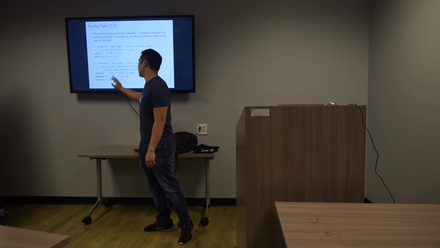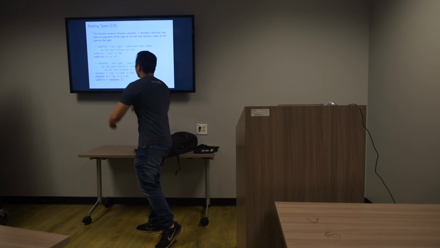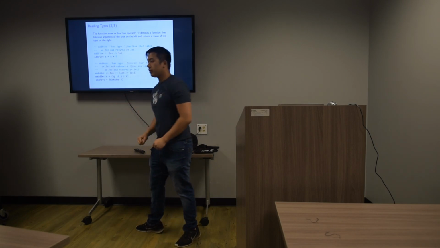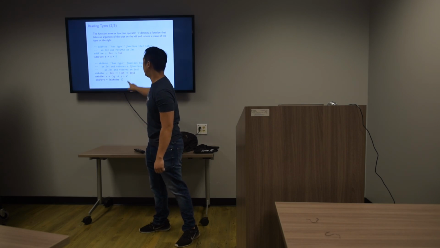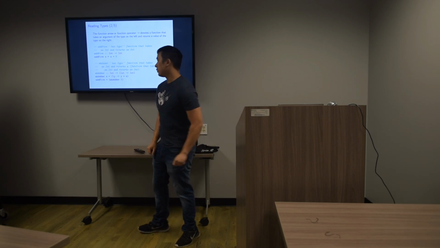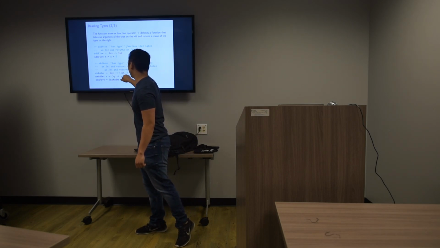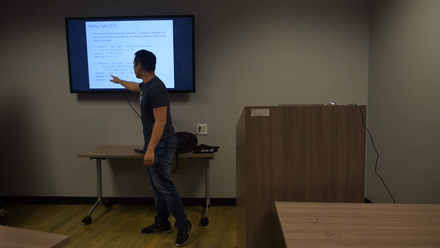We take in an int, and we return this type signature, a function that takes an int and returns an int. So we take in an int and return something of that function's type. But it's not necessarily add 5 because we didn't define that yet. It's whatever this value is.